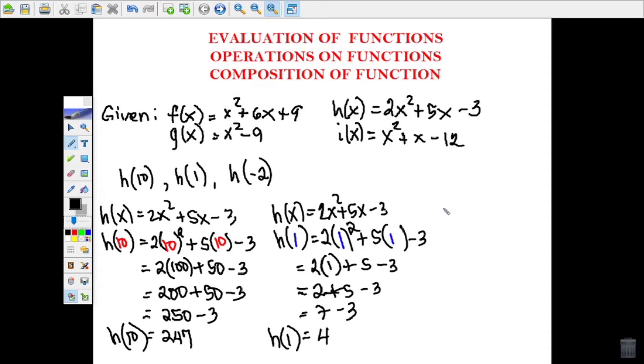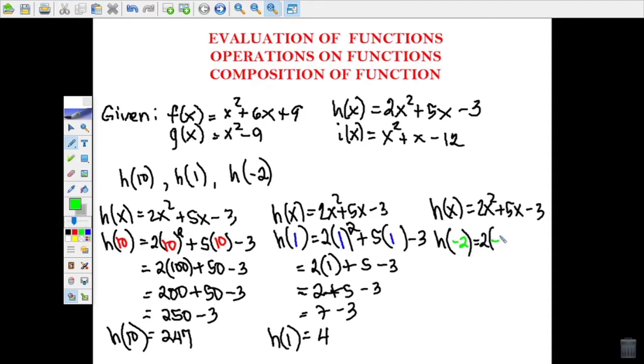Ayun yung hahanapin pala. And we are given the function h of x is equal to 2x squared plus 5x minus 3 again. So, ang hinahanap ay si h of negative 2. Okay, negative 2. So, ang goal natin is palitan yung x ng negative 2.